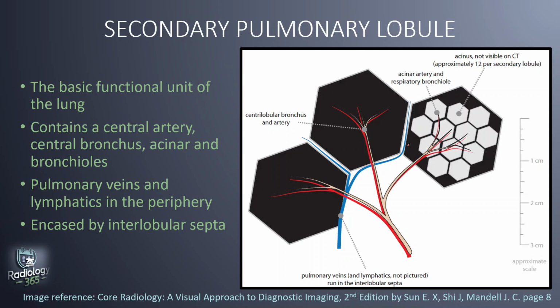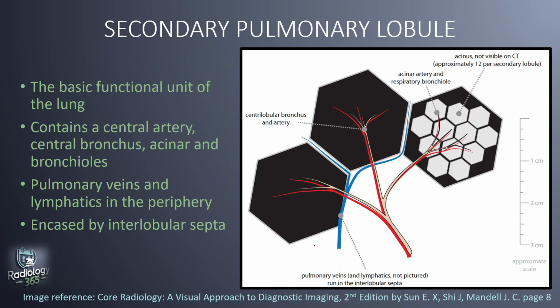This information is very important, as we'll come and see later. So let's take note that in the periphery of the secondary pulmonary lobule, that's where we have the pulmonary vein and the lymphatics. Then some connective tissues called the interlobular septa encase each secondary pulmonary lobule. So you can see something gray around it here that encases it. This is what we call the interlobular septa.